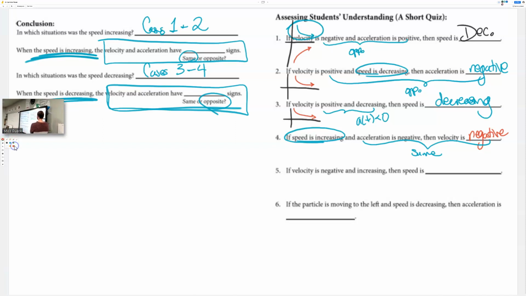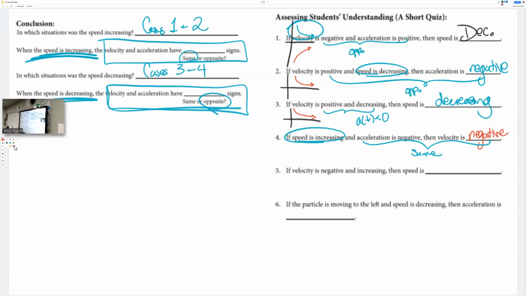If velocity is negative and increasing, what is speed? Speed is what? Decreasing. Which one? Decreasing? Okay.